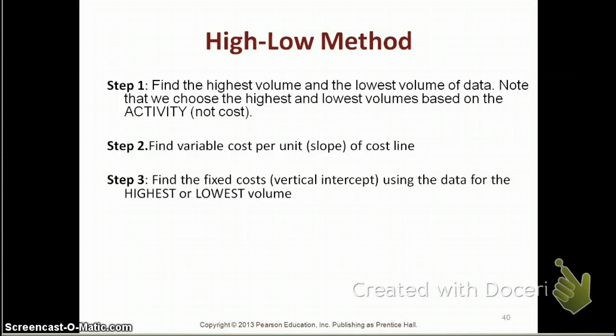So once you have your slope, you can use one of the highest or the lowest volume data points to calculate your fixed costs. And then you would have your cost equation. I know this wouldn't make much sense to you, but make sure you write down these steps because we're going to do a problem next and then you will follow those steps along.